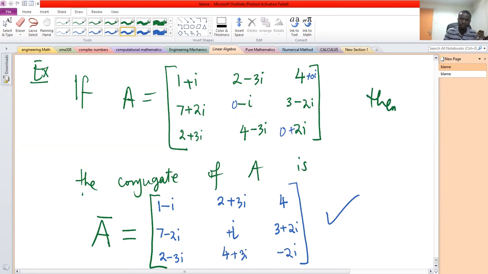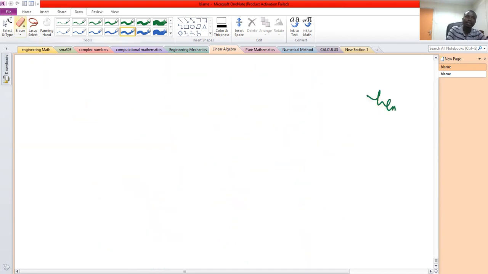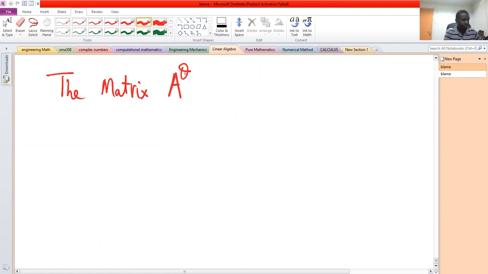And then there's a matrix we denote by A raised to the power theta.